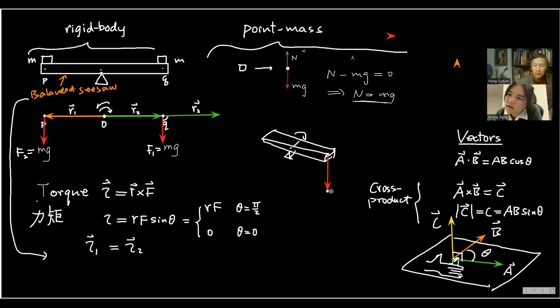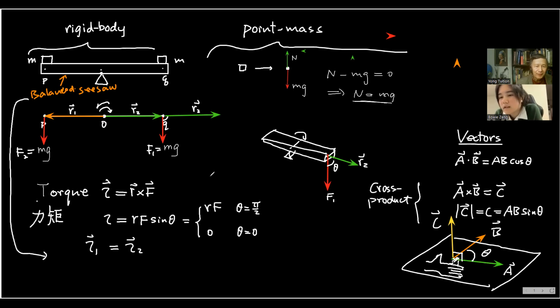And R2, if I use the same color, is from this side. This is R2. So in this way, the angle between these two is this angle. Can you see? So this is R2, this is F1, right?